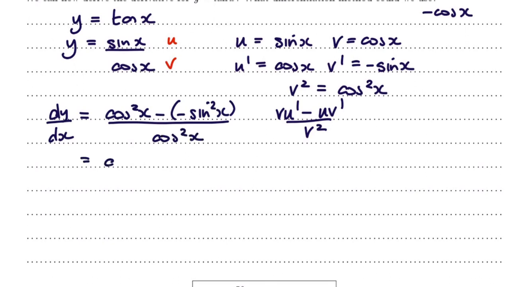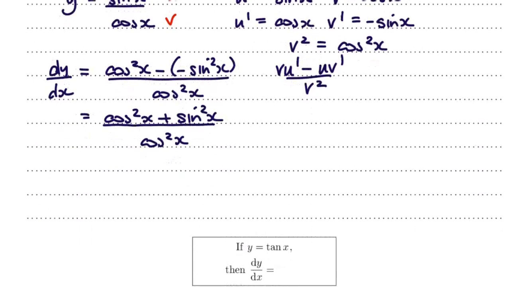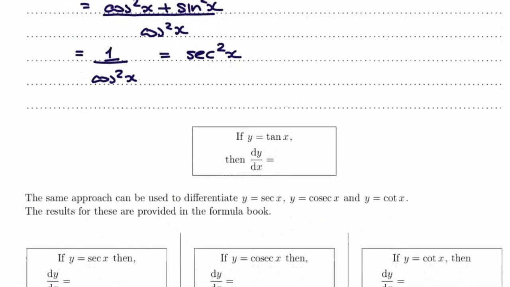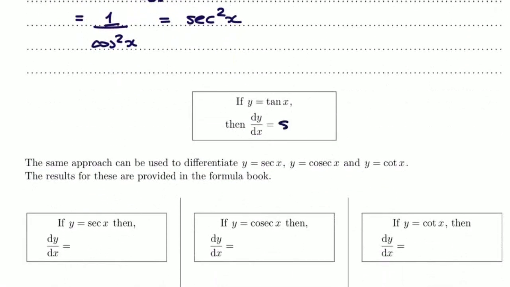So on the top, we've got cos squared x plus sine squared x over cos squared x. Okay, so that's 1 over cos squared x, which equals sec squared x. So if y is tan x, then dy dx is sec squared x.